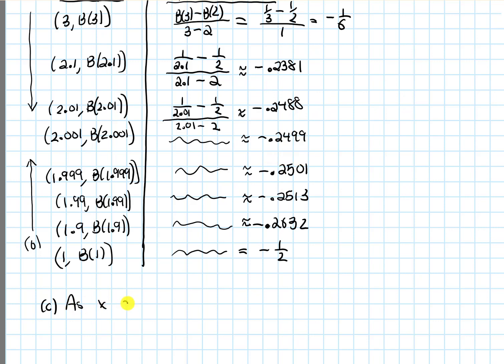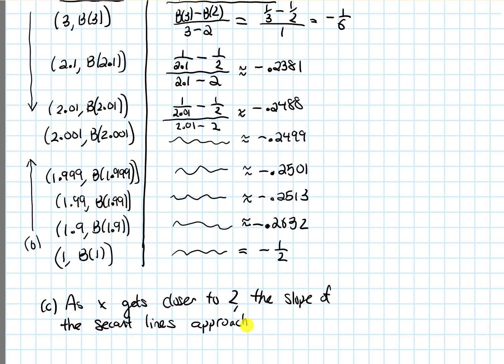So as x gets closer to 2, the slope of the secant line approaches negative 0.25.